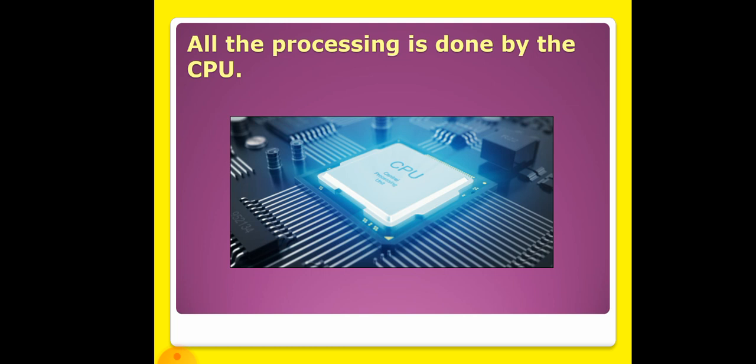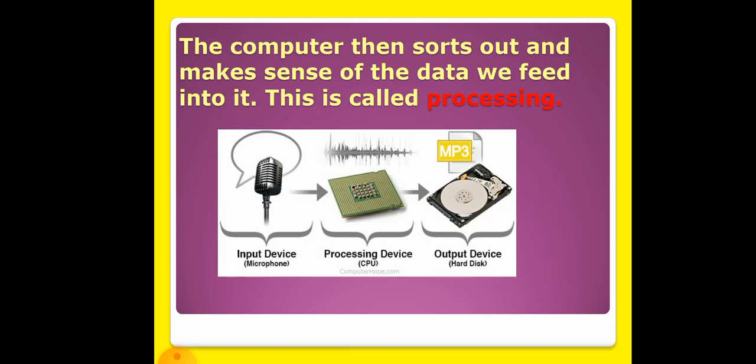For input, we have different devices: keyboard, mouse, scanner, barcode reader, right? But for processing, only one unit is there, that is nothing but the CPU. So all the processing is done by the CPU. The computer sorts out and makes sense of the data we feed into it. This is called processing.